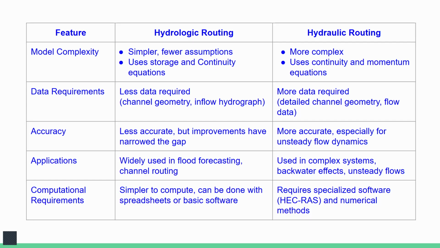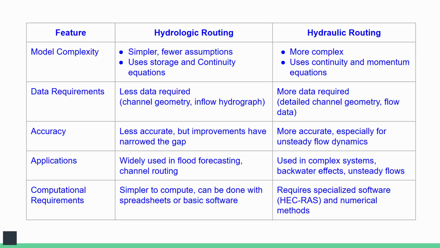For data requirements, hydrologic routing requires less data, channel geometry and flow hydrograph, while hydraulic routing, on the other hand, needs more data, which are detailed channel geometry and flow data.